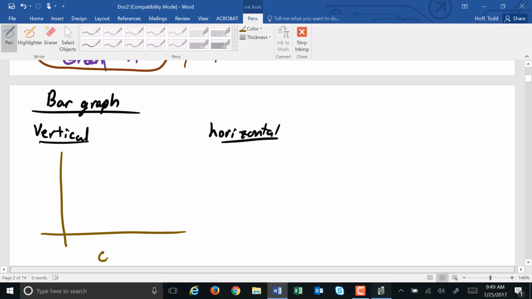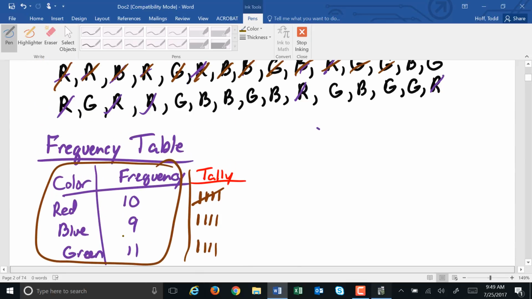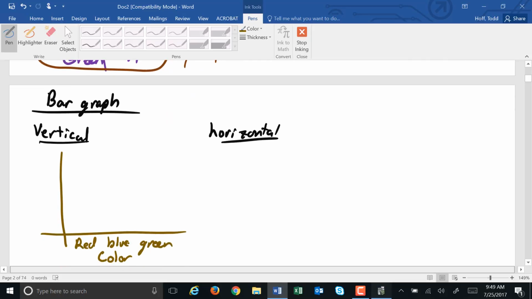In this case, our categories are color, so we're going to call those color. I'll label it red, blue, green. Going up the left side, then we need some sort of a number scale. We have to be able to get up to our largest number, which is 11.